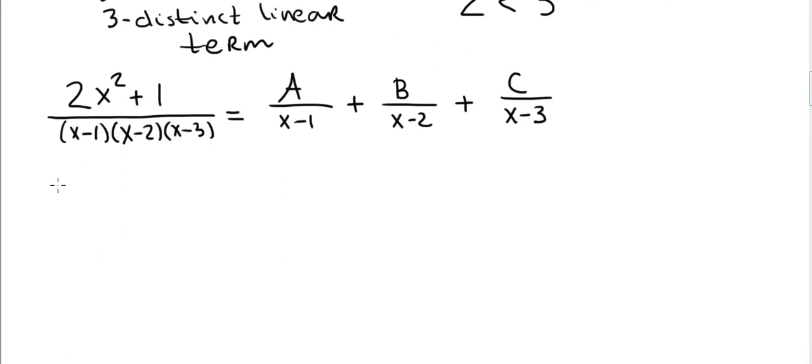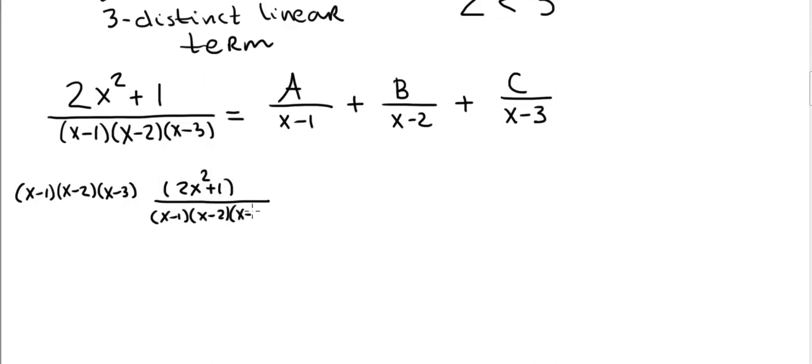To do that, we're going to multiply both sides by x minus 1, x minus 2, and x minus 3. So x minus 1, x minus 2, x minus 3 times 2x squared plus 1 divided by x minus 1, x minus 2, x minus 3. As you can see, these cancel. And on the right it looks like this.